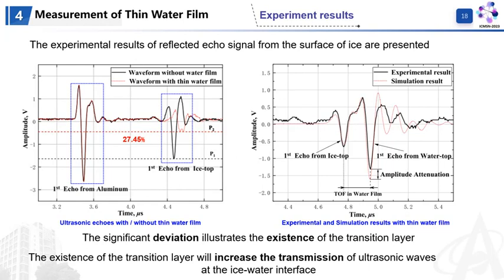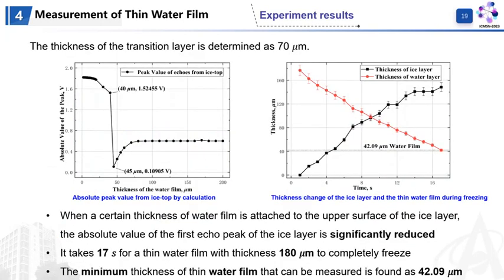The significant deviation illustrates that a transition layer is truly formed between the ice and water layer. And the existence of the transition layer will increase the transmission of ultrasonic waves at the ice-water interface. The thickness of the transition layer can be determined at 70 micrometers.